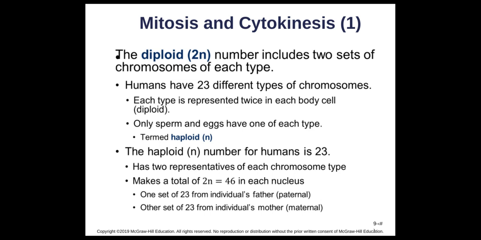Diploid is also written as 2N. Diploid is when there are 2 sets of chromosomes for each chromosome that you have. So humans, we have 23 different types of chromosomes. Each type is represented twice in body cells.